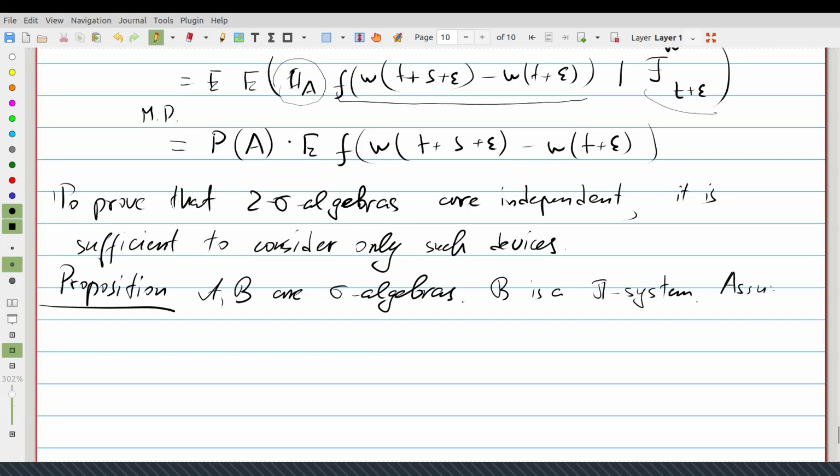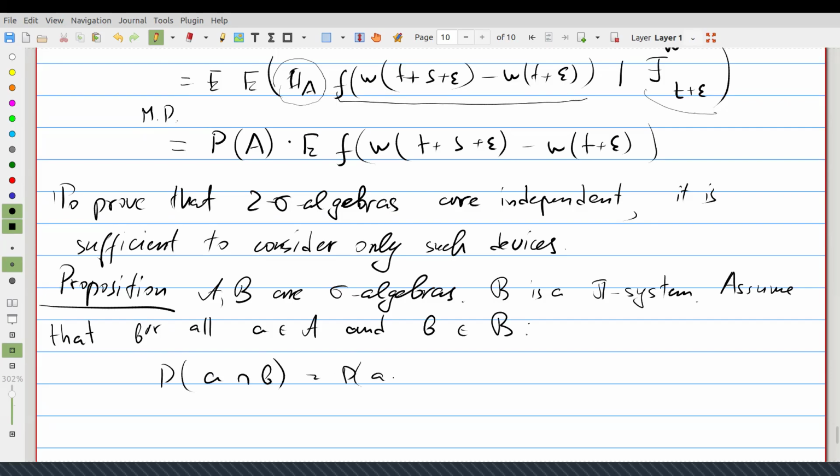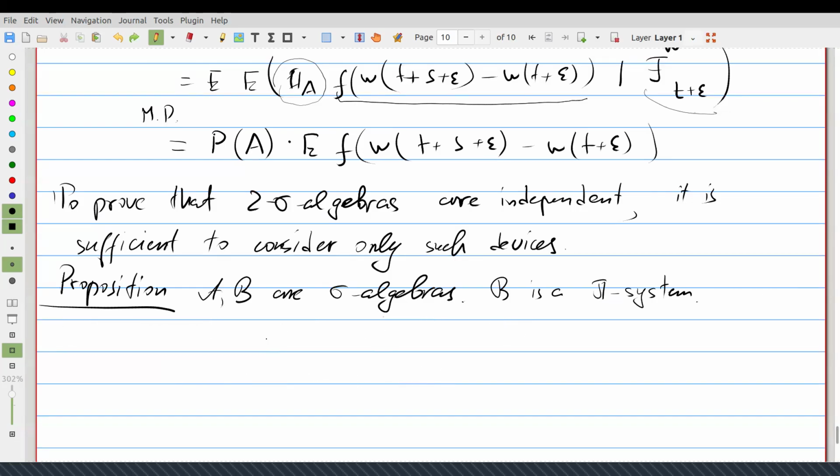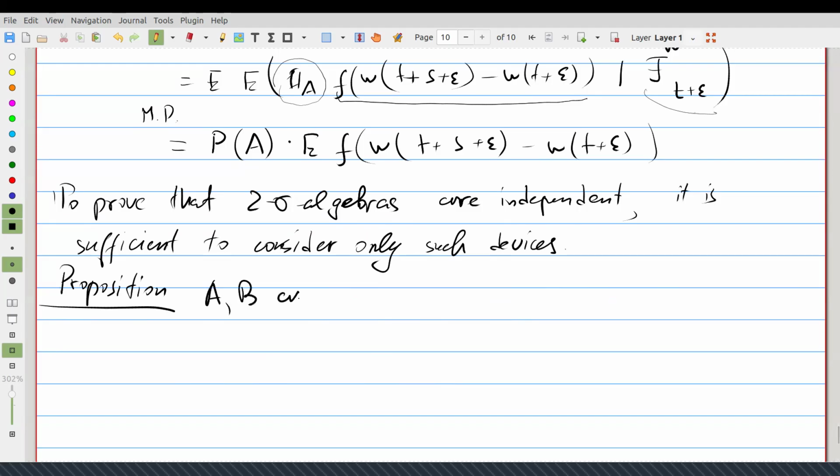And assume that for all A from A and B from B, P(A intersect B) is just P(A)P(B). I changed notation on the fly and don't like it. So A and B are systems of sets.